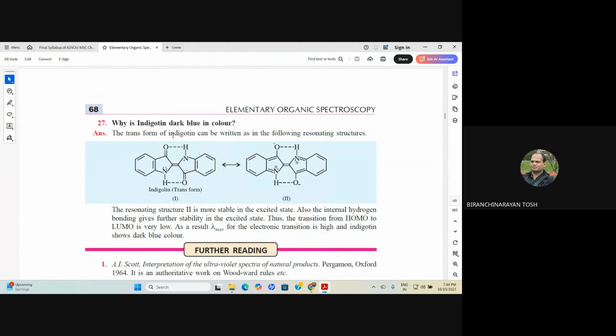Another is indigotin. Why is indigotin dark blue in color? Indigotin is the trans form, so there will be hydrogen bonding.